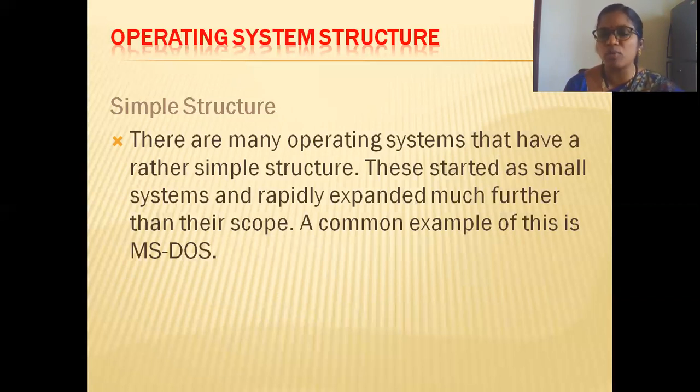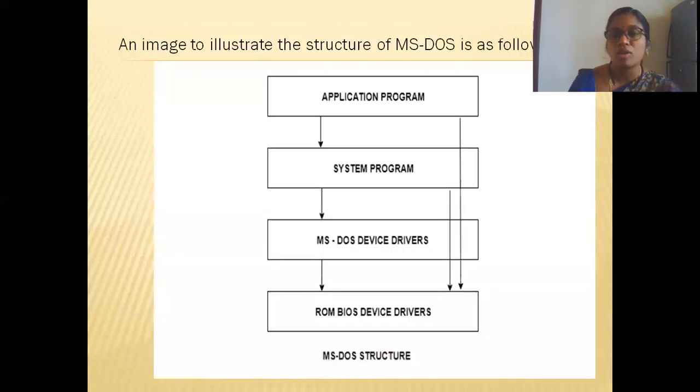A common example of this is MS-DOS, and Unix also comes into this. MS-DOS, Microsoft Disk Operating System, supports a simple structure of our operating system. You can see here an image to illustrate the structure of MS-DOS.